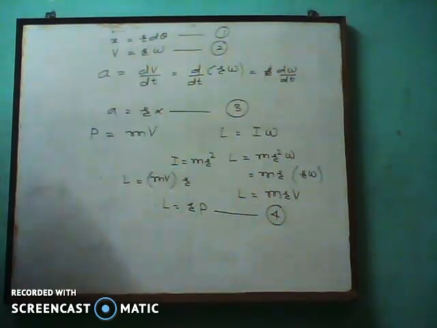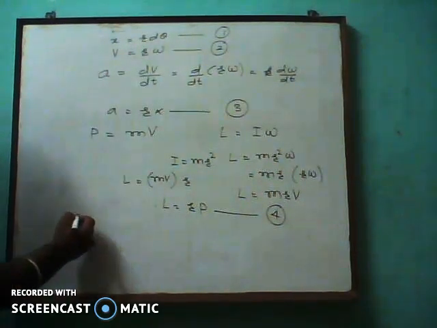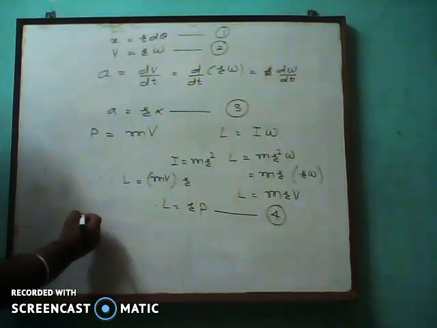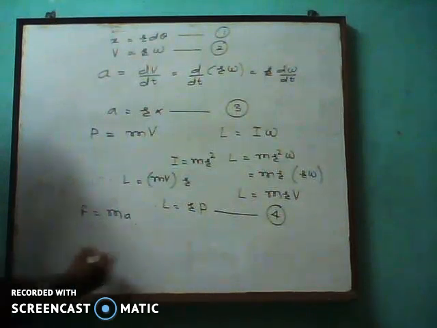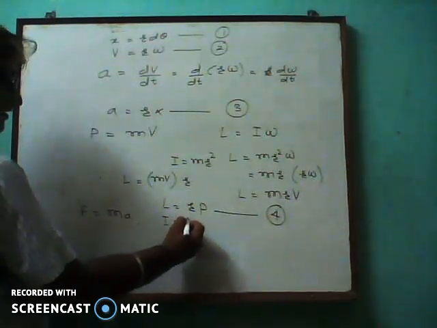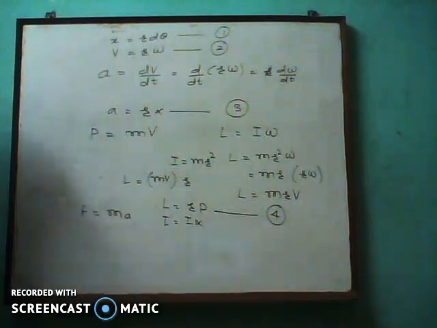All relations we can see: r into d theta, r into omega, r into alpha, r into P. Similarly, force is mass into linear acceleration, and torque is I alpha.